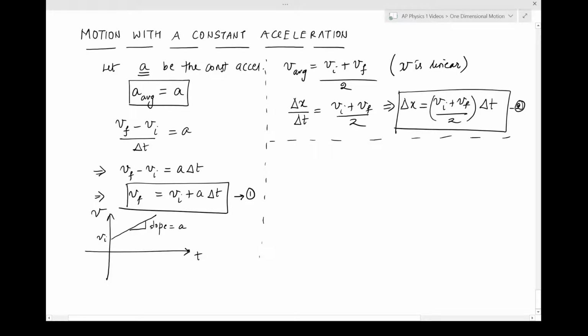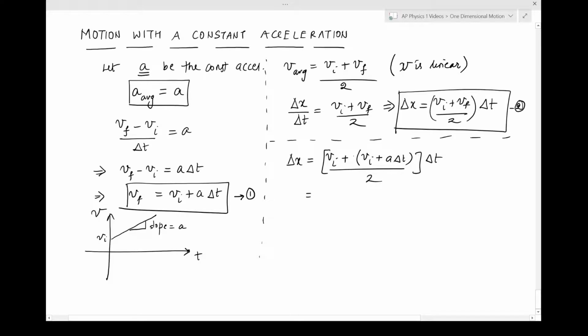We already know from equation 1 that Vf is Vi plus a delta t. So we can take that, plug it into the second equation, and obtain delta x equals Vi plus Vi plus a delta t, all over 2, times delta t.